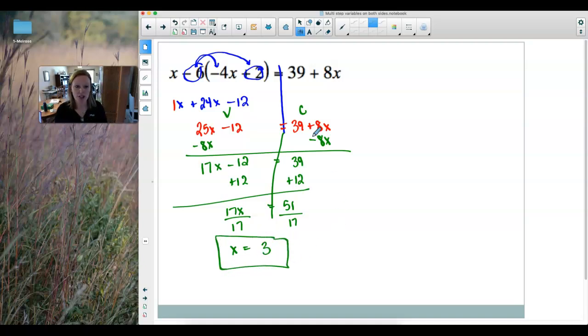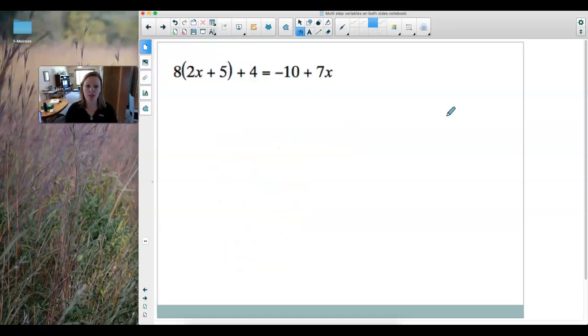You can go back and check it if you want, but remember that's not a requirement, but that's how you can check if your answer is correct. One more. Looking at this one, again, we draw the line by the equal sign. Don't forget to do that. We're going to start by using the distributive property.